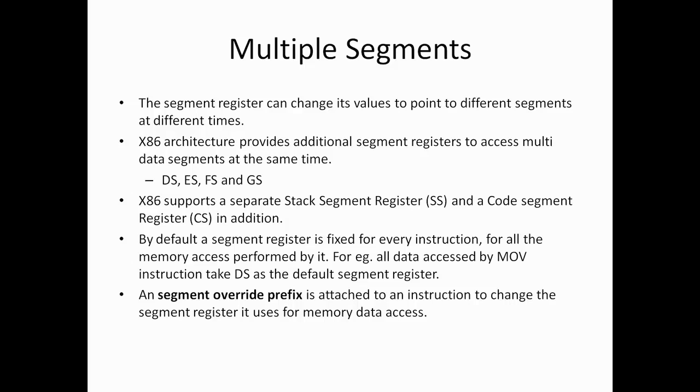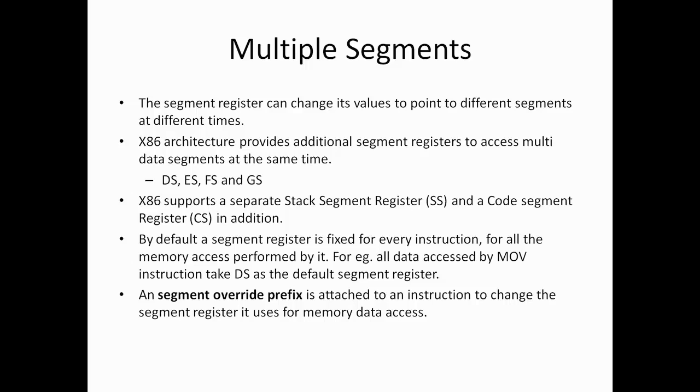The segment register can change its value to point to different segments at different times. So, the x86 architecture provides additional segment registers to access multiple data segments at the same time, like DS, ES, FS and GS. x86 supports a separate stack segment register and a code segment CS in addition to this. So, there are 6 segment registers. By default, a segment register is fixed for every instruction for all the memory access performed by it.